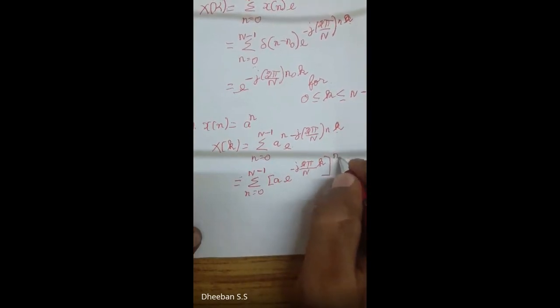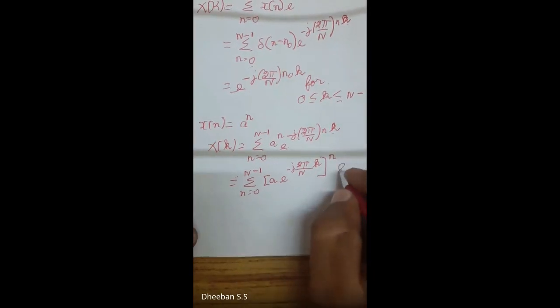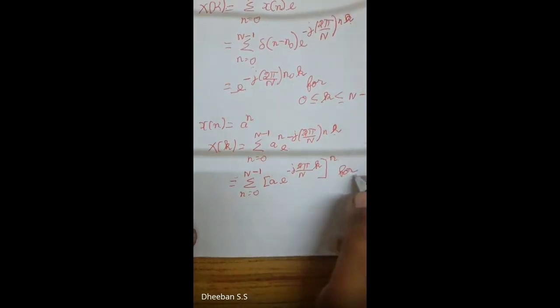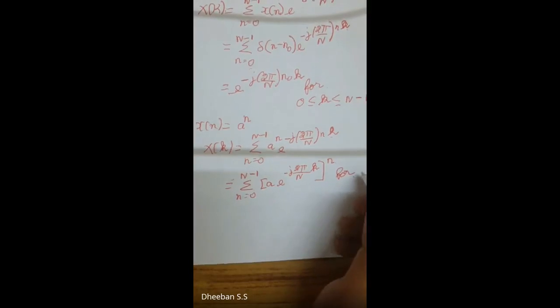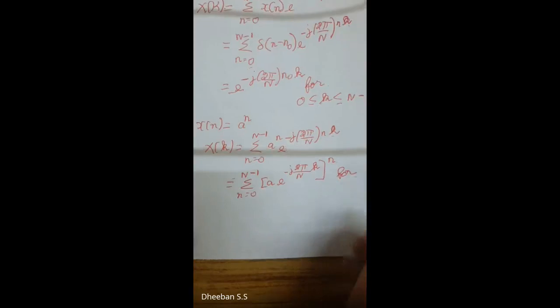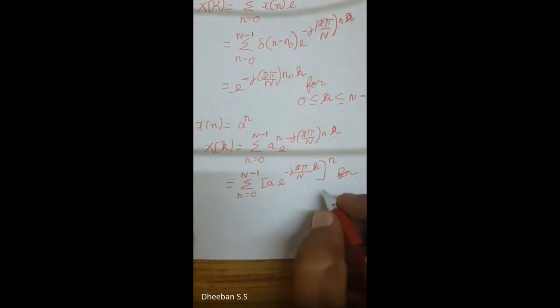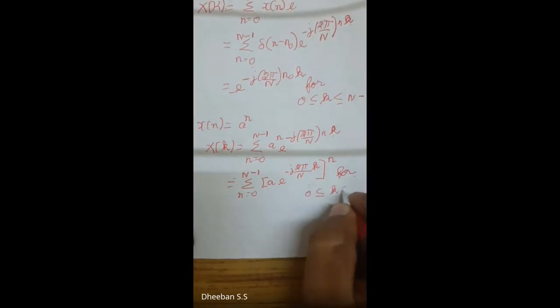Summation of power, this is the constant, so summation of constant power n will be getting the value as 1 minus a, that is constant power n, divided by the denominator, that is for 0 less than or equal to k less than or equal to n minus 1.